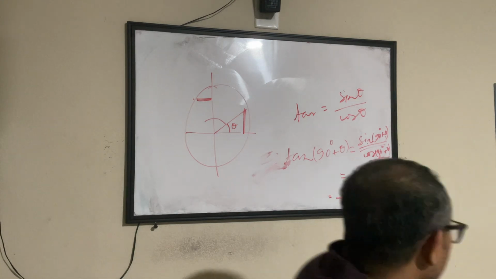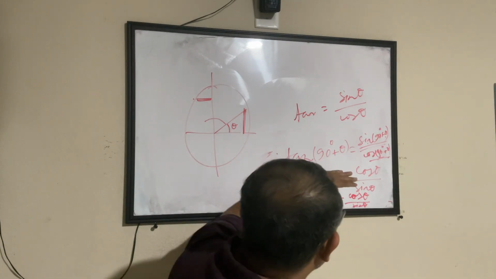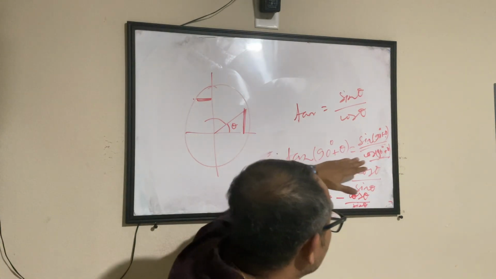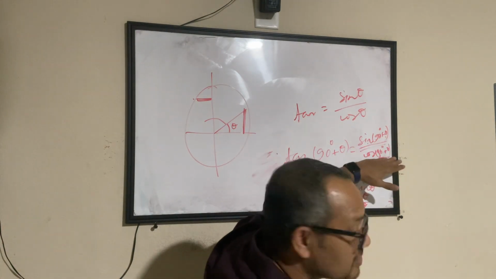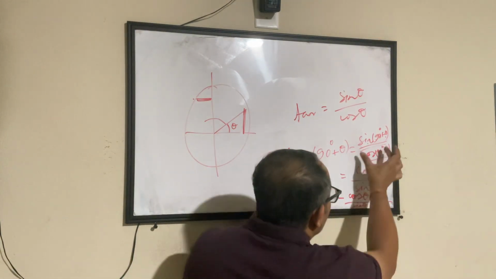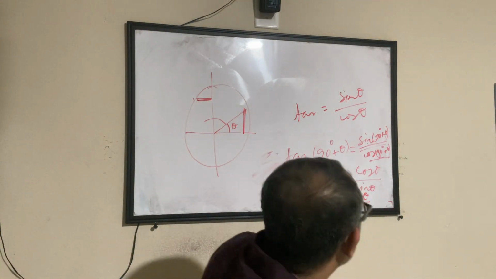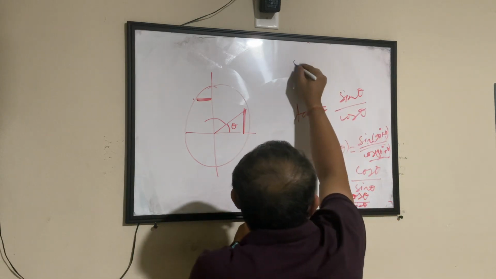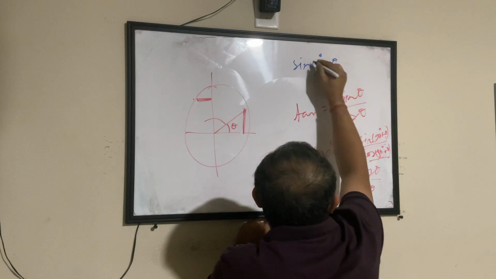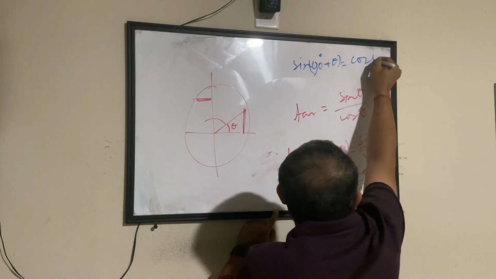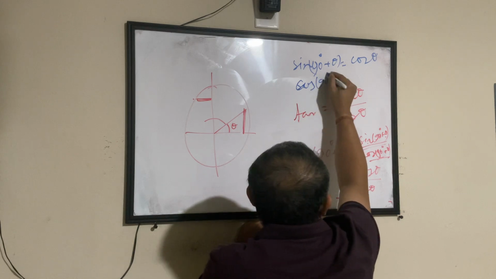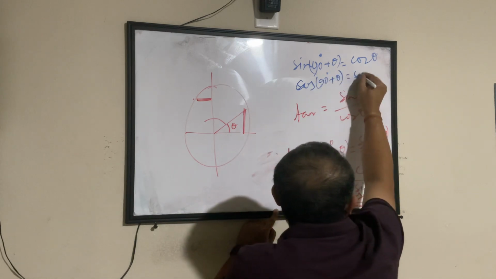Just pay attention to what I'm saying. When I'm trying to find out tan of 90 degree plus theta, that will be equal to sine of 90 degree plus theta by cos of 90 degree plus theta. This part is okay. Now what we have learned from the theorem of periodicity is the absolute value: sine of 90 degree plus theta equals cos theta, and cos of 90 degree plus theta equals sine theta.